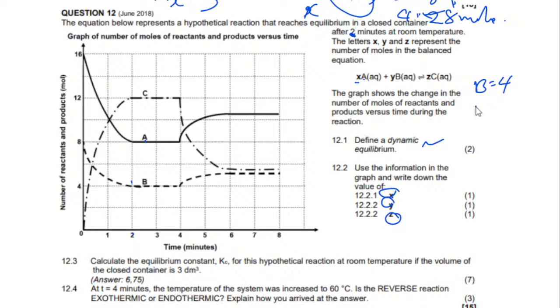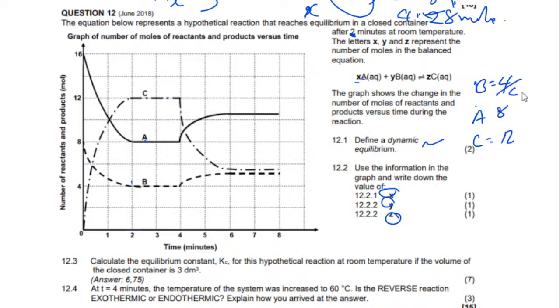And then A is 8. And then C is 12. C is equal to 12.